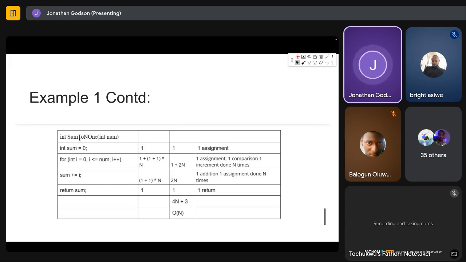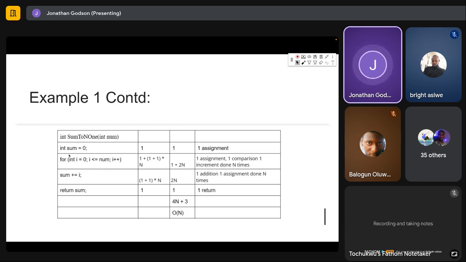Let's say we are given 5 here. We want to do 0 plus 1 plus 2 plus 3 plus 4 plus 5. After solving such an algorithm, you are asked to give the running time of the algorithm, which is the worst case scenario.